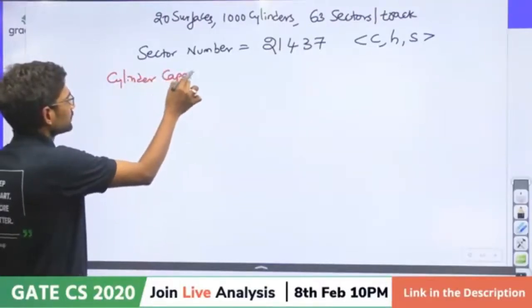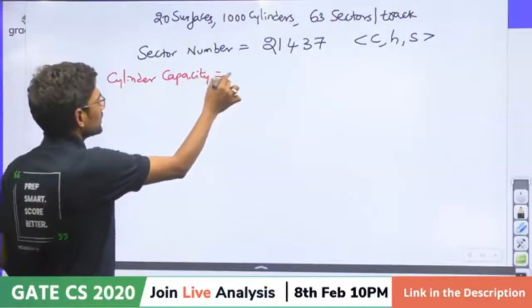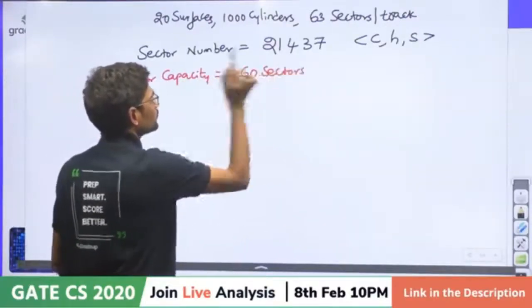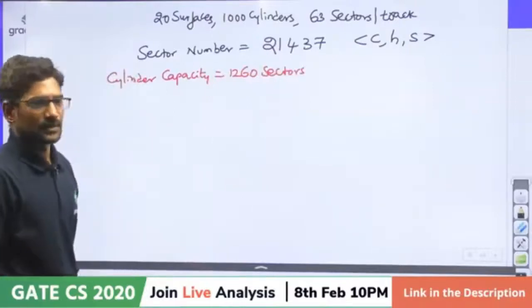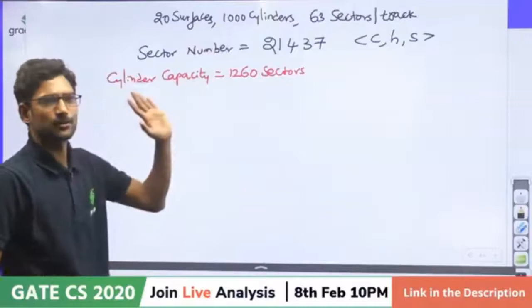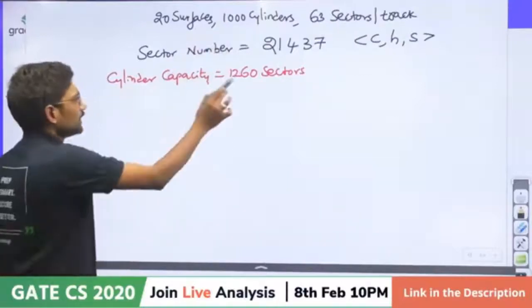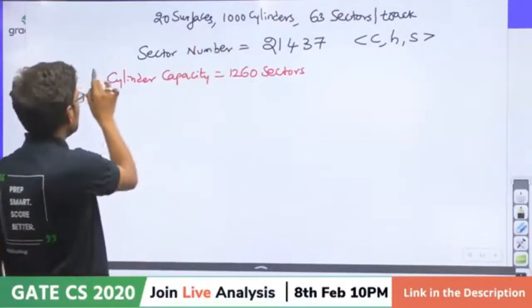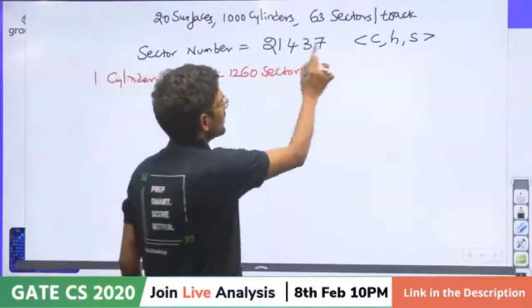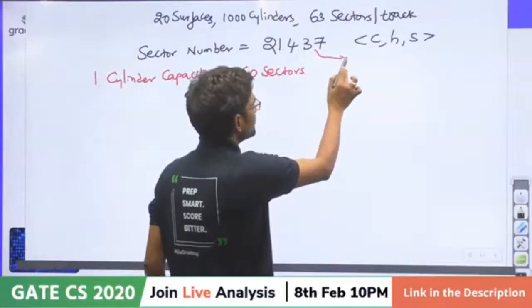What is the cylinder capacity? 1260 sectors. Just for the previous question we have calculated. Same specifications, no?